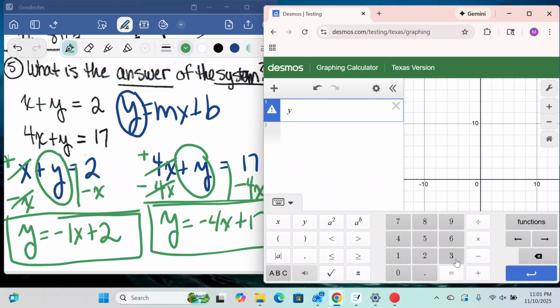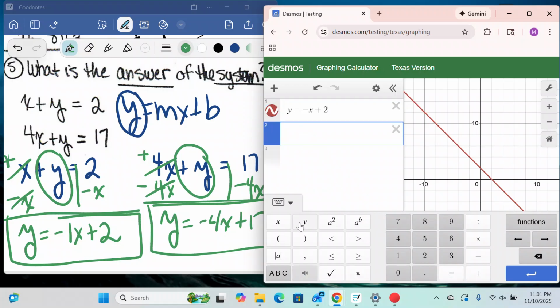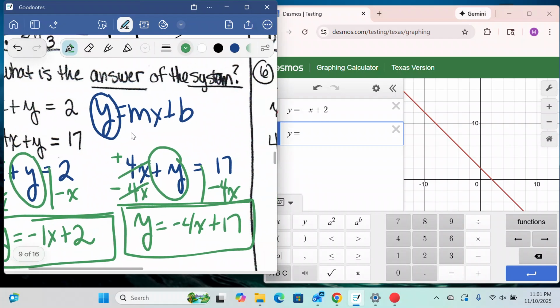So I'm going to put in the first one, y equals, and the way I did it first was minus x. That's the same thing as writing negative 1x, plus 2. Then I'm going to do the second one, and I'm going to input y equals negative 4x plus 17.